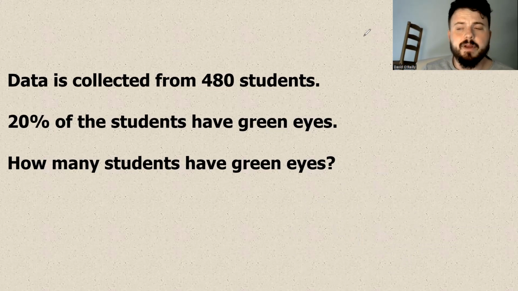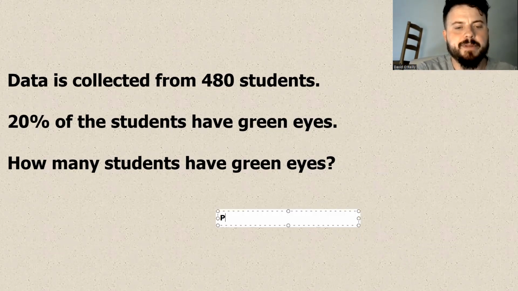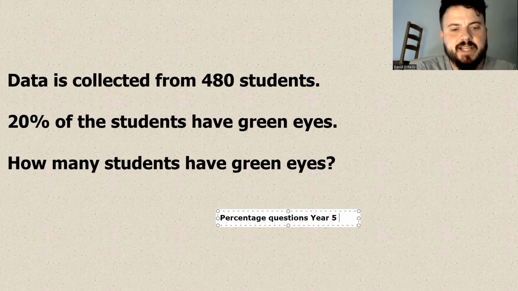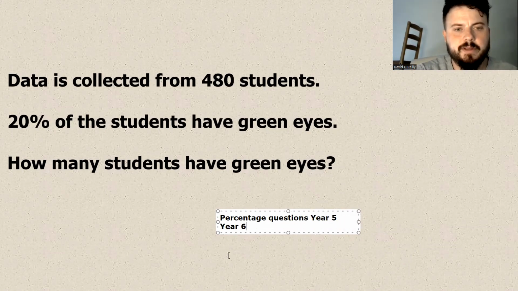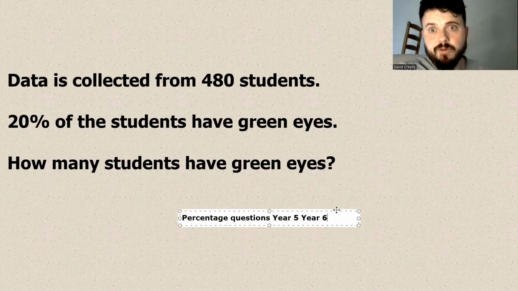Again, with your parents' permission, go into Google, write in percentage questions, and there will be loads and loads of worksheets. But just do me a favor, if you do that, make sure you put something like percentage questions, year 5 or year 6. I know you're year 5, but year 6 is going to be very similar. Otherwise you might get some really complex ones for much older learners.